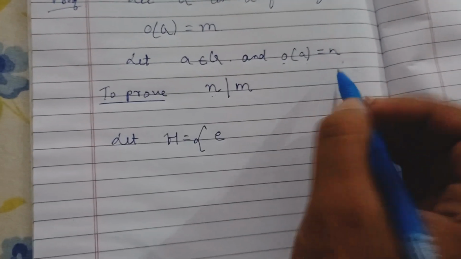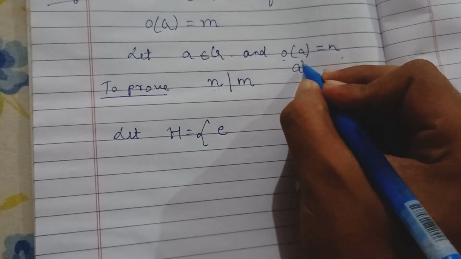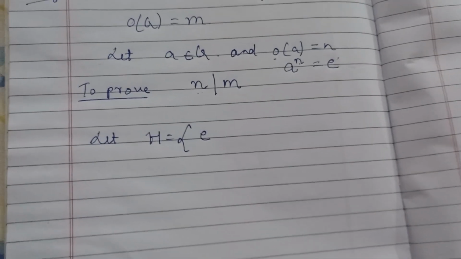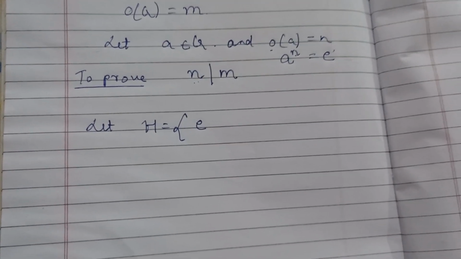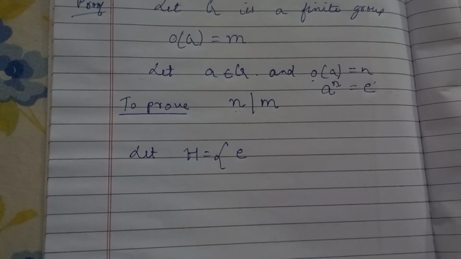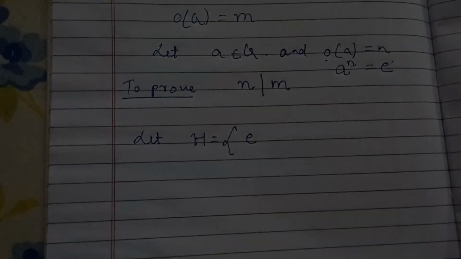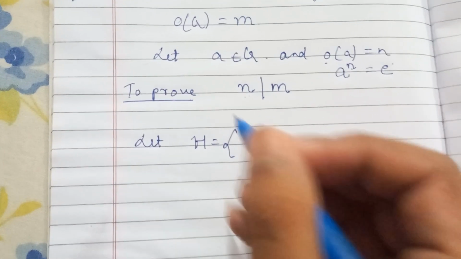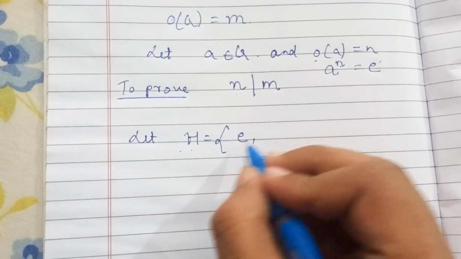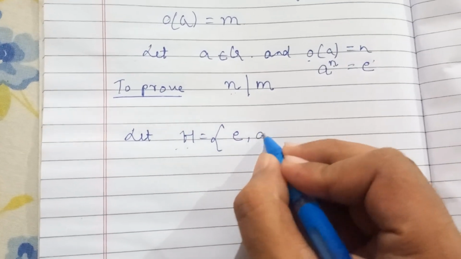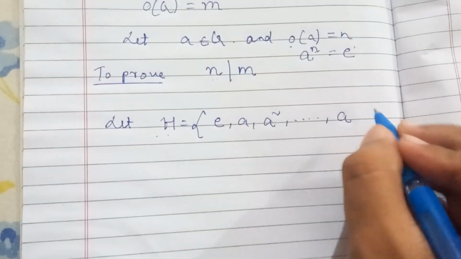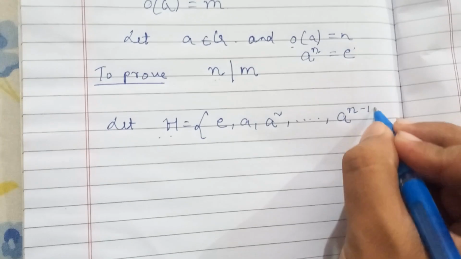Since the order of a is n, we can write it as a to the power n equal to e. So here let's consider a subset H of the group containing the elements e, a, a square, up to a to the power n minus 1.